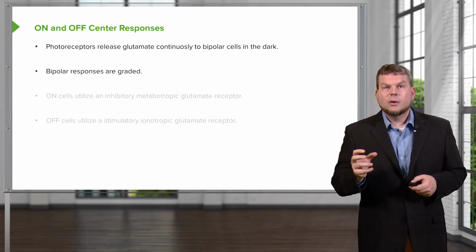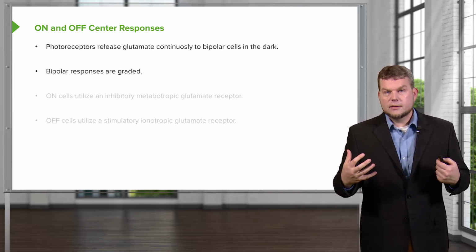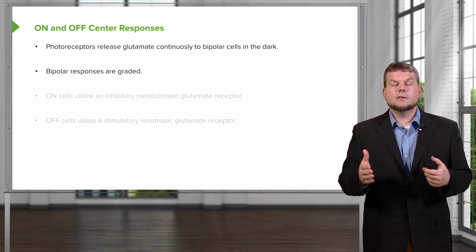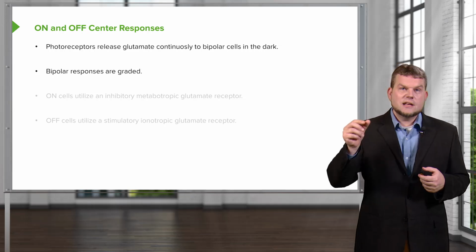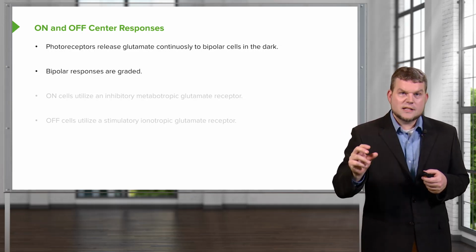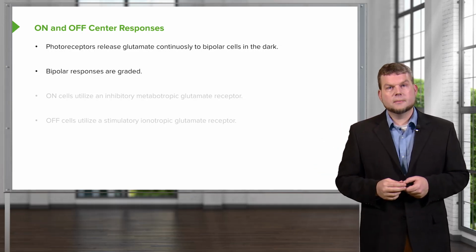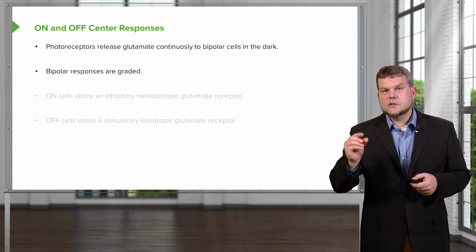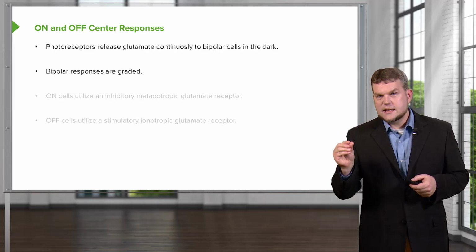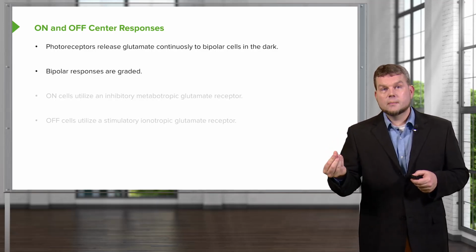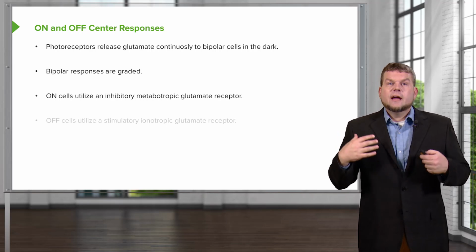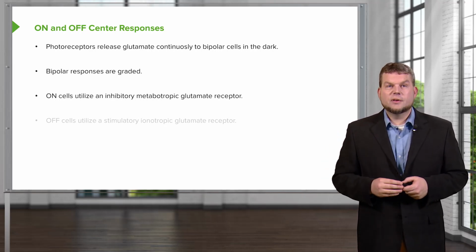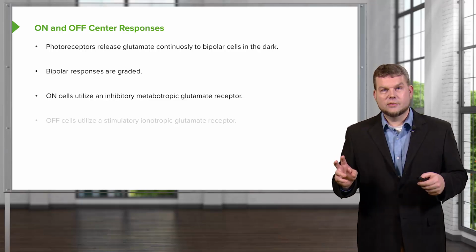Remember that bipolar responses are graded, meaning that you can have a plethora of different levels of transmission. It does not necessarily just transmit or not transmit. Okay, here is where you're going to start getting a nice distinguished pattern of signal. You have some ganglion cells that are hooked to a photoreceptor that are on cells.